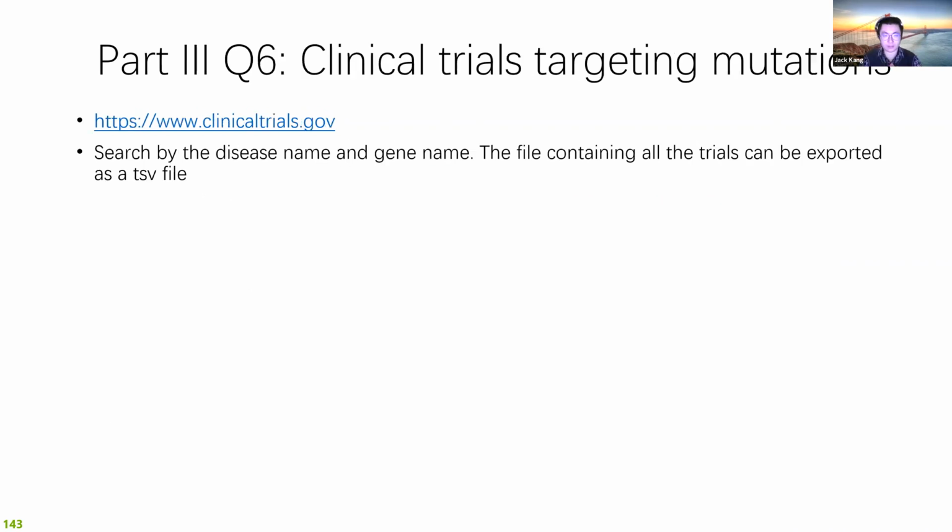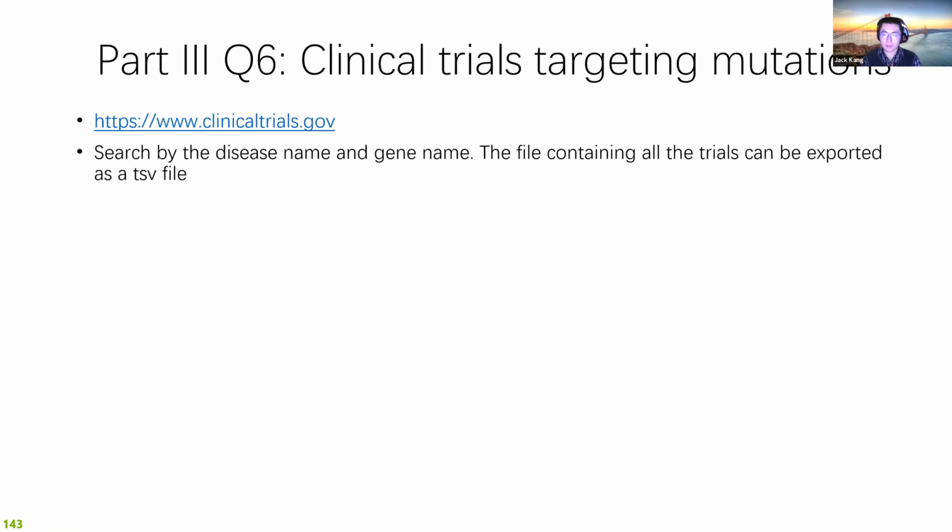And question 6 is also very easy. It asks you to count the number of clinical trials targeting a certain mutation. You just go to the clinicaltrials.gov website and search by the disease name, like glioblastoma, and the gene name, and it will print out the clinical trials targeting this gene in glioblastoma.